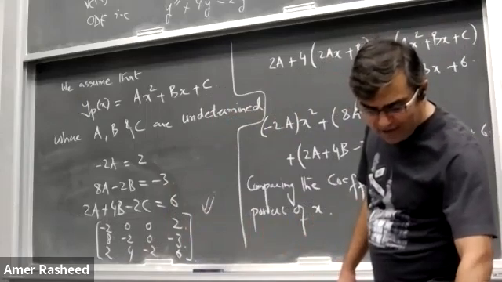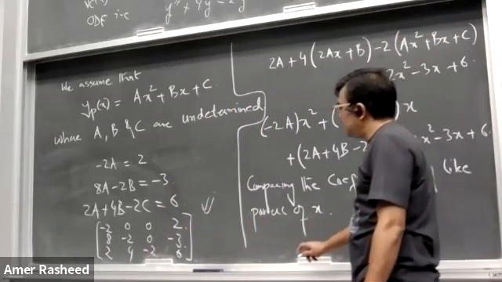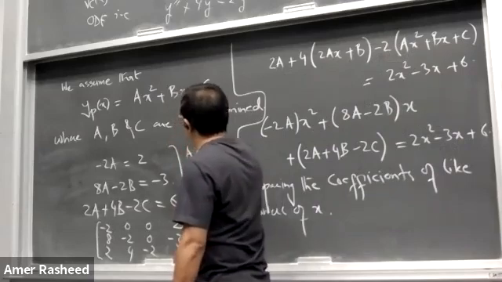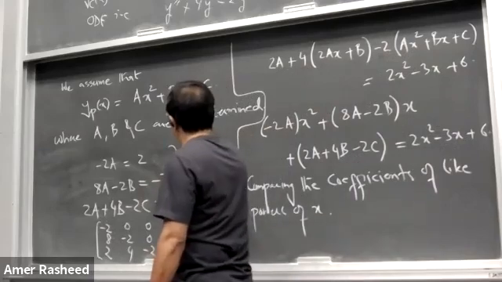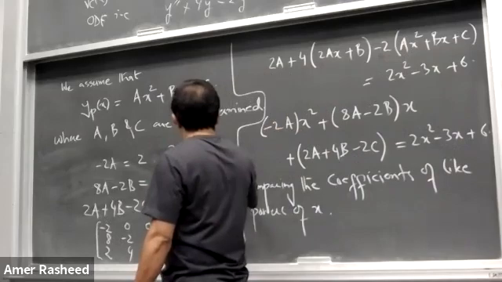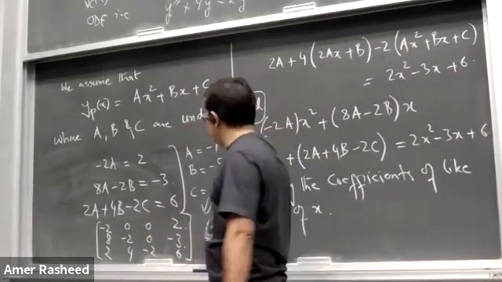What do we get here in short? After solving it, we obtain A is equal to negative 1, B is equal to minus 5 by 2, and C is equal to minus 9.